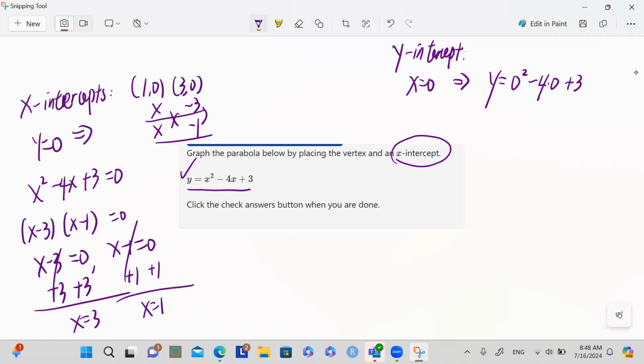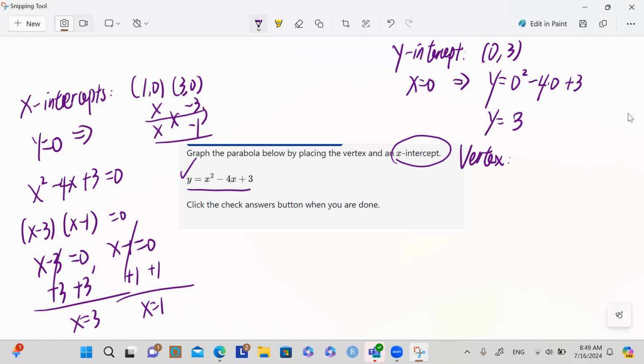So y equals 3, right? So the y-intercept is (0, 3). And so those are the x- and y-intercepts. The next thing is to find the vertex.